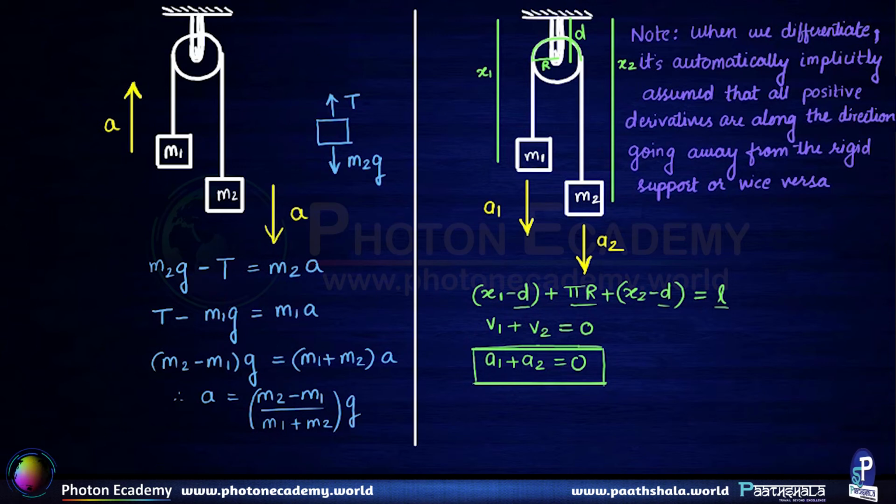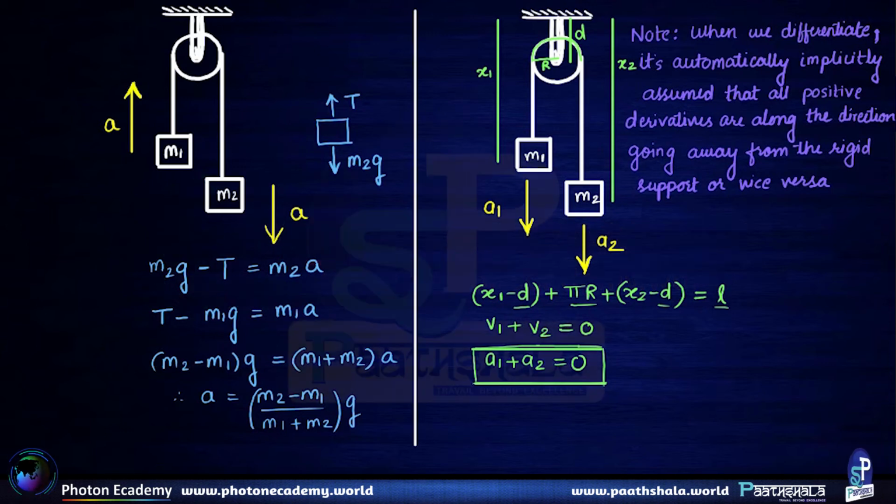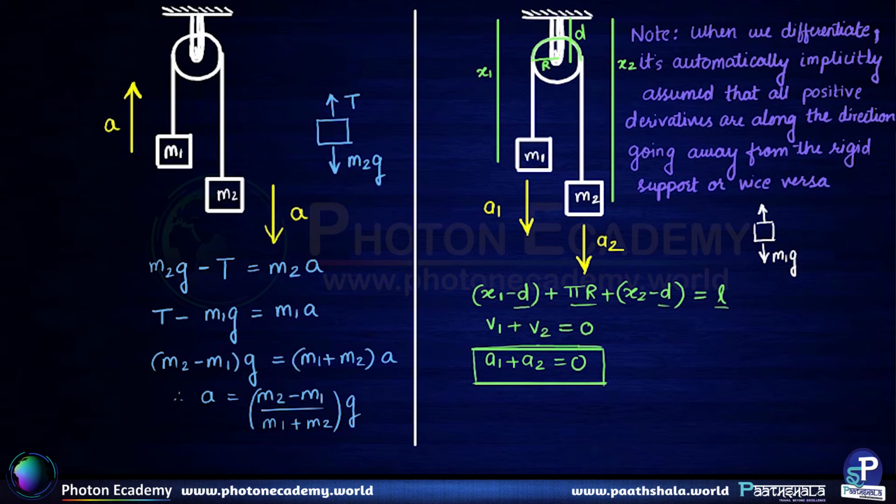The other two equations are simply given by Newtonian dynamics. Let us say we are analyzing the mass m1. The mass m1 has a force m1g in the downward direction and a tension force T in the upward direction. So m1g minus T is equal to m1a1. This is the equation that we can write for the mass m1.